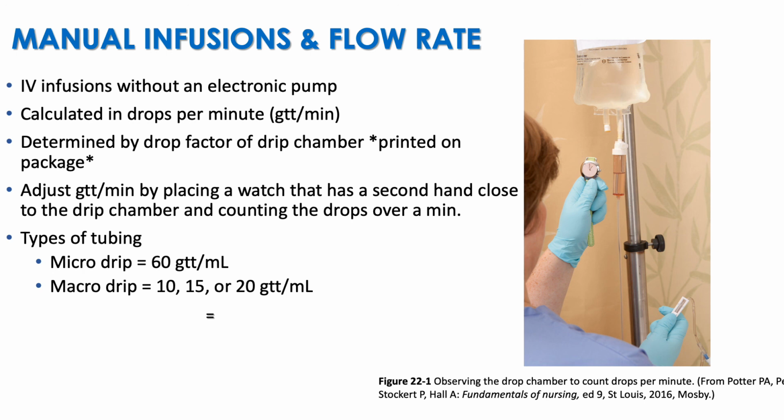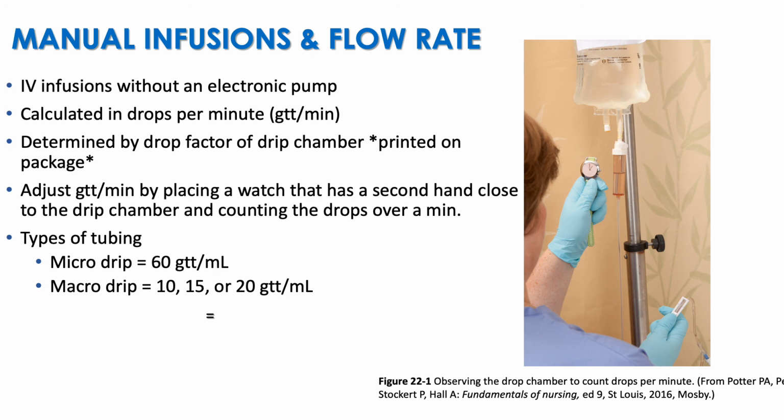But the micro drip tubing will deliver 60 drops per milliliter. So these drops are, of course, smaller drops. They are used in infusions for patient populations that we want to be very precise with.